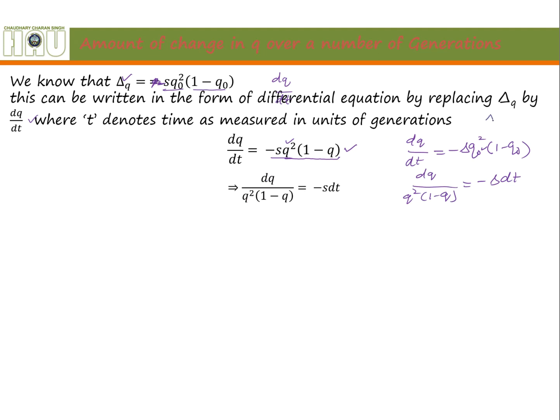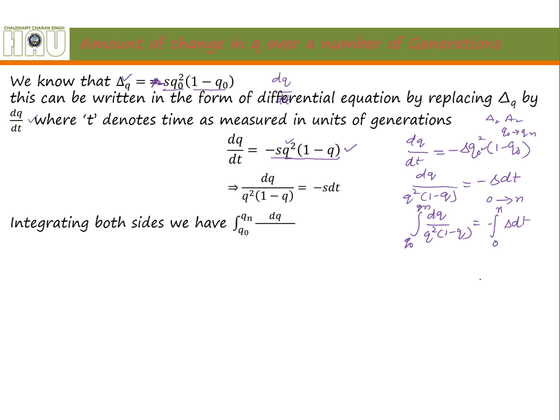what will I get? And the limit of integration, since q is the frequency of A2, and this frequency changes from q0 to qn, and t is my time, it is from 0 to n. So I integrate both sides: dq upon q square 1 minus q between the range q0 to qn, and on this side I integrate between the range 0 to n of s dt.